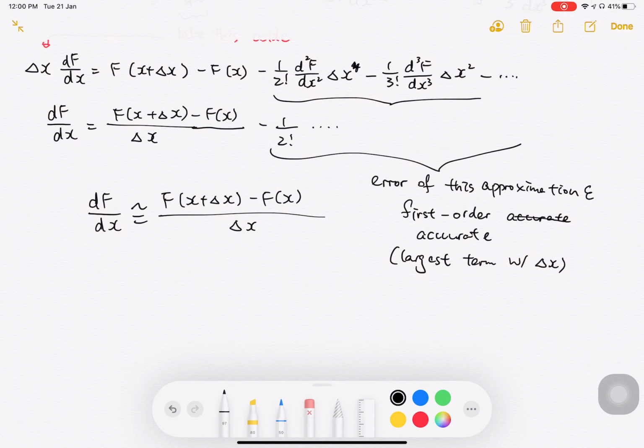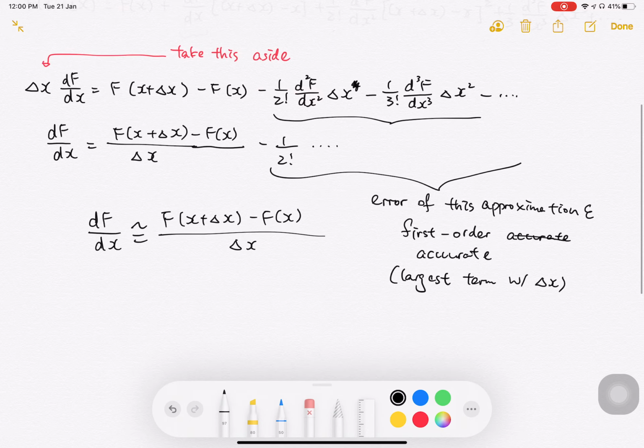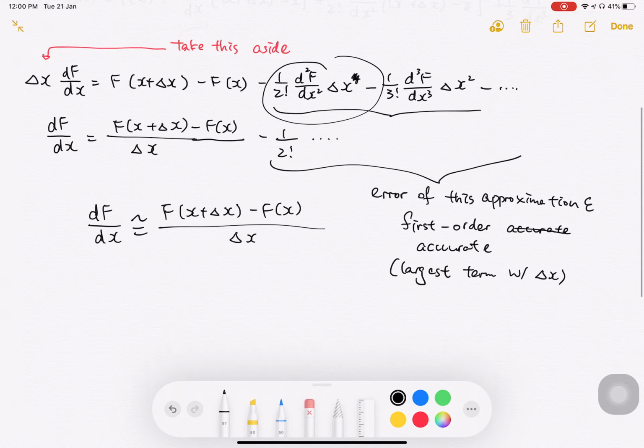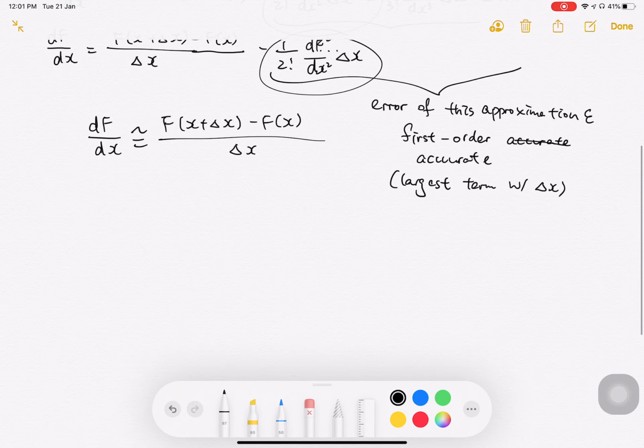Sorry, this is gone. And then, yeah, this is a mistake, sorry. So this is the largest term in your error with the delta x. Oh, sorry, this is not gone. Sorry about this. Here, this is gone. This is the largest term in your error.